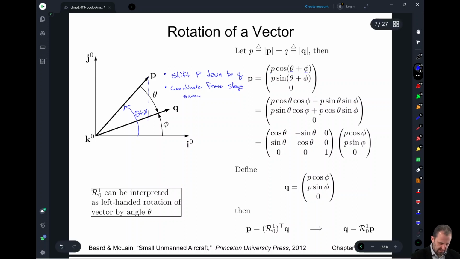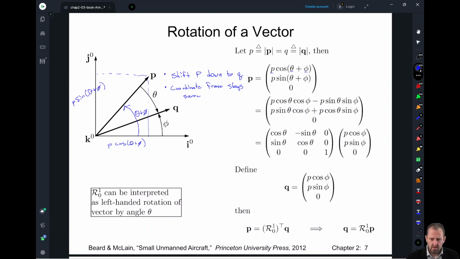So if we looked at this component of it, we would have the cosine of theta plus phi. And this component would be P times the sine of theta plus phi, where P is our magnitude, the scalar P. So we can define P as such, and we're assuming it has 0 z component currently.